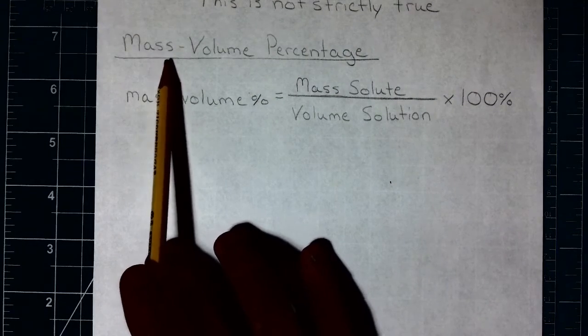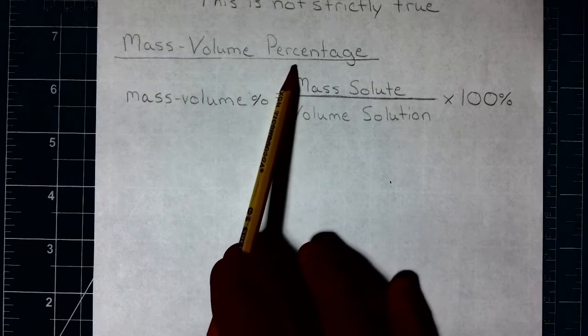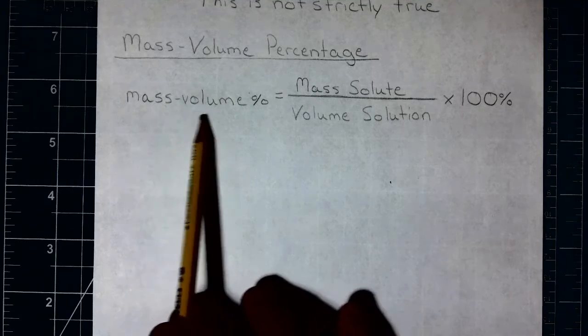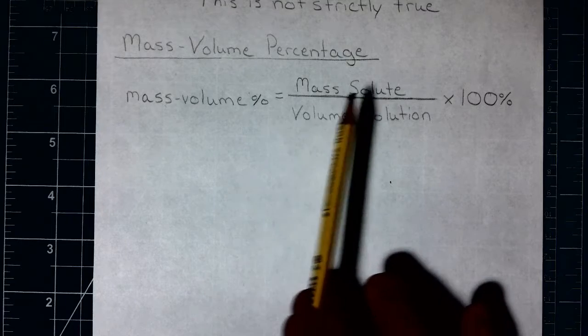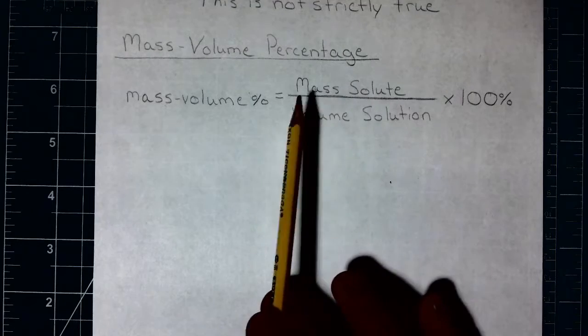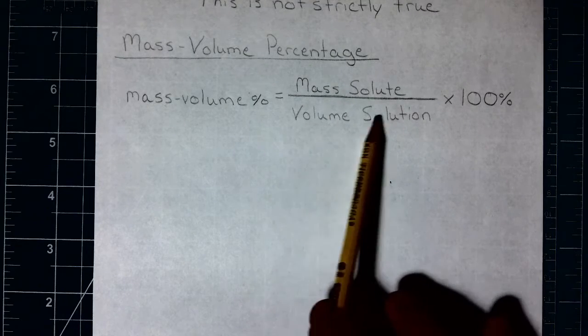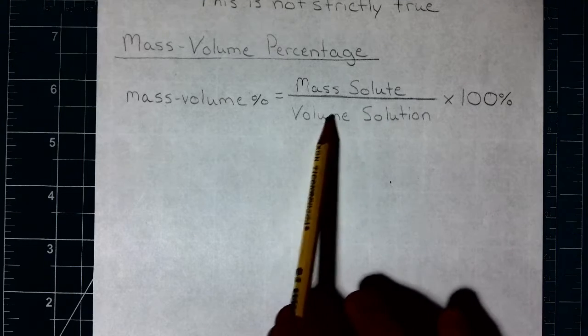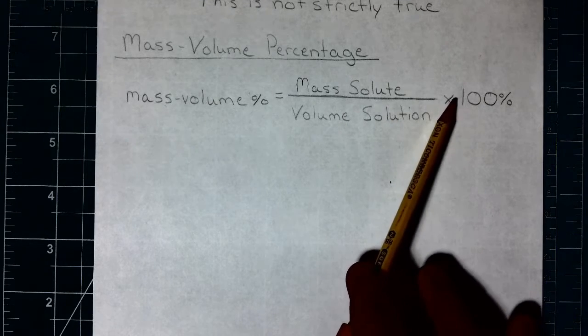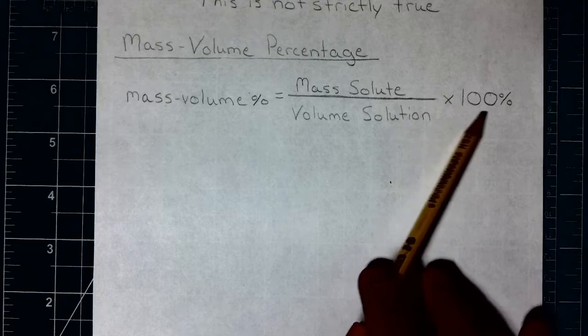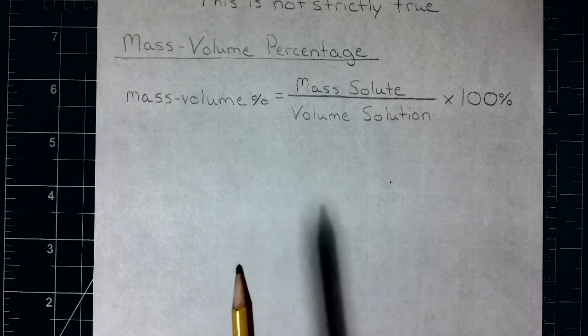The next one that we're going to talk about is our mass volume percentage. We can abbreviate it like this, and that's going to be the mass of our solute divided by the volume of the solution. Again, we're going to times that by 100%.